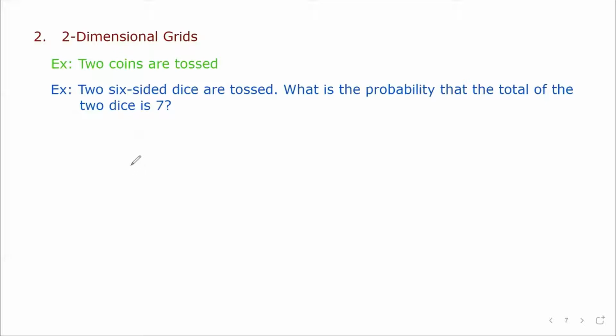If we use the grid for two coins, using the same example, you can draw it like this, right? Draw a line like this.